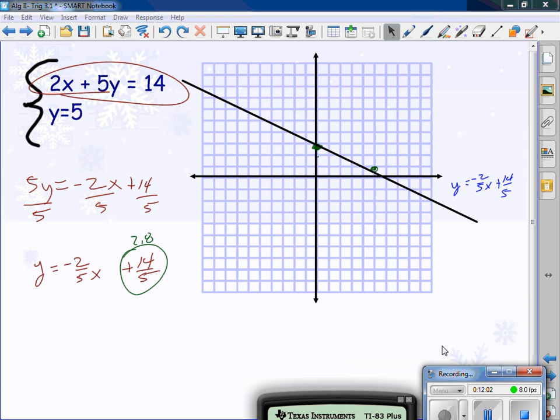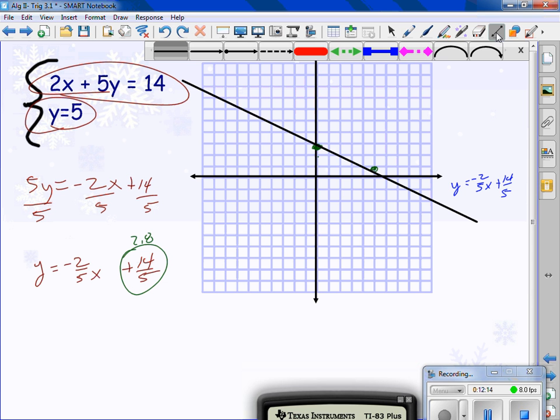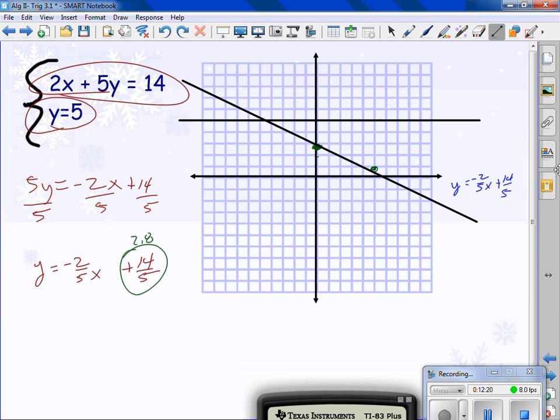This last problem. To graph y equals 5, what type of line is y equals 5? It is a horizontal. It is a horizontal that passes through 5. 1, 2, 3, 4, 5. It is right here. So it intersects right here about.